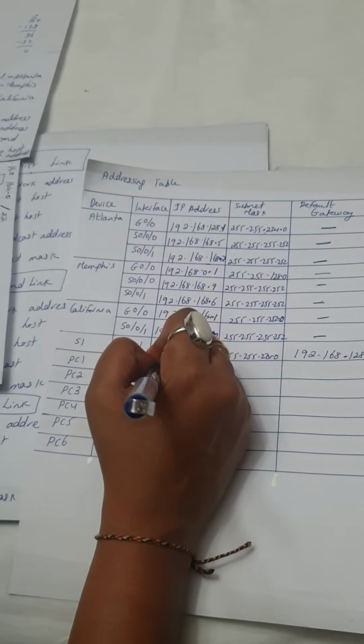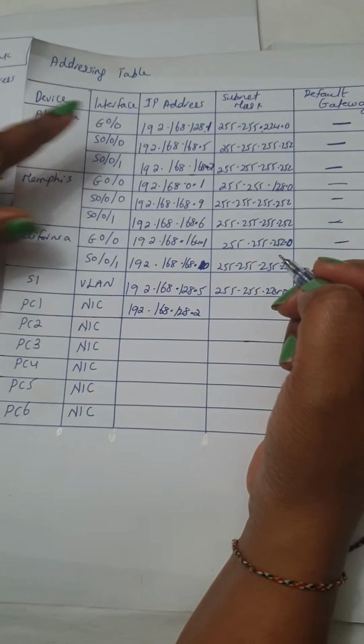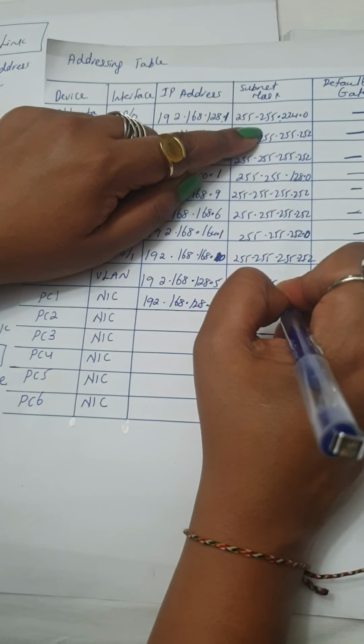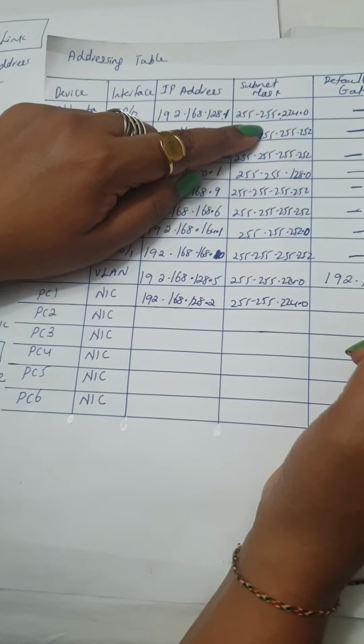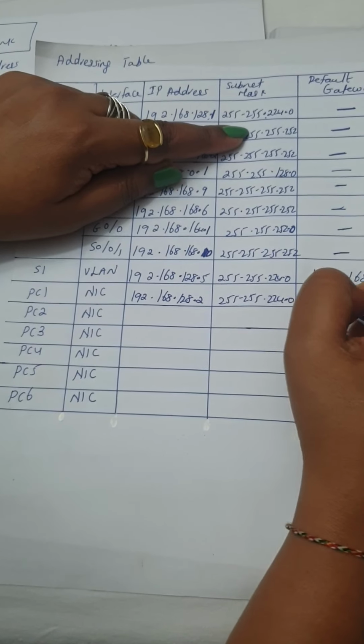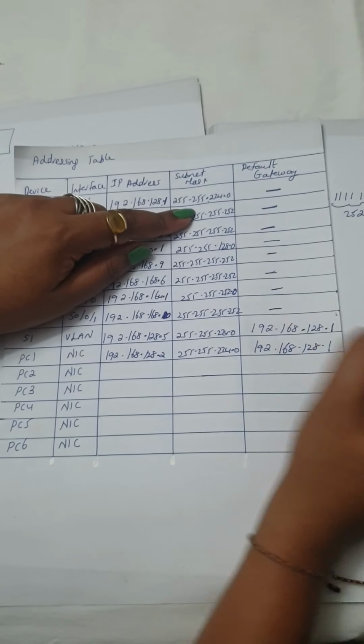Okay, so PC1 is going to have 192.168.128.2. It's again in the network of Atlanta, so the same subnet mask. The gateway is the same as the switch because they form part of the same network.